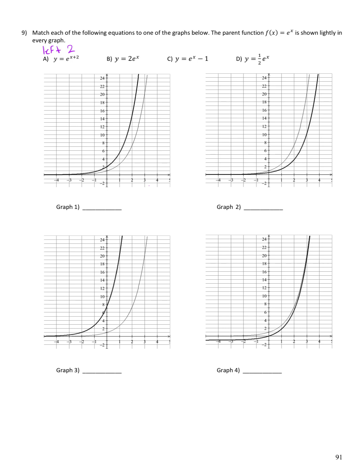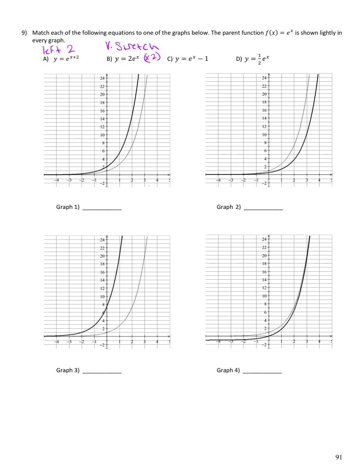And 2 times e to the x, it's multiplication, which means it's a stretch or a shrink. It is outside the function, which means it is vertical. So this is a vertical stretch times 2. E to the x minus 1: this is addition or subtraction, which means it's a shift.